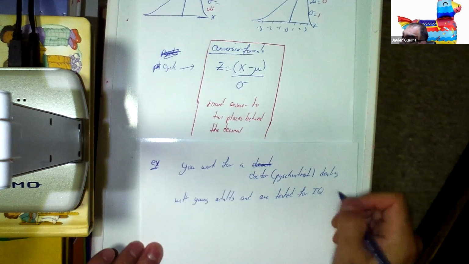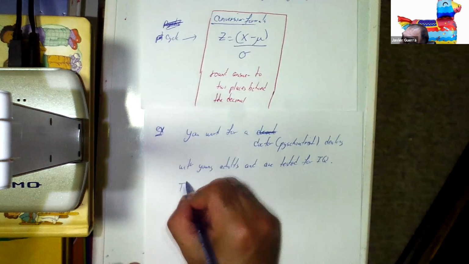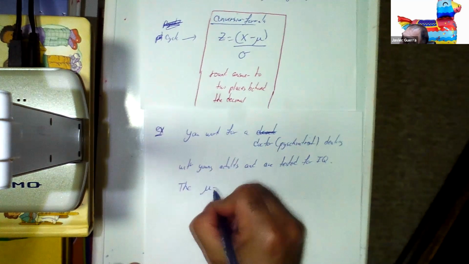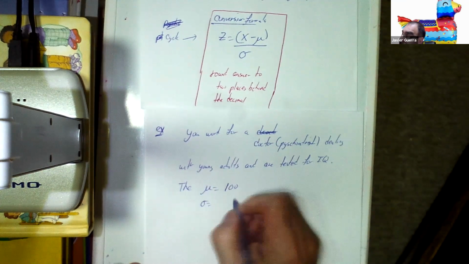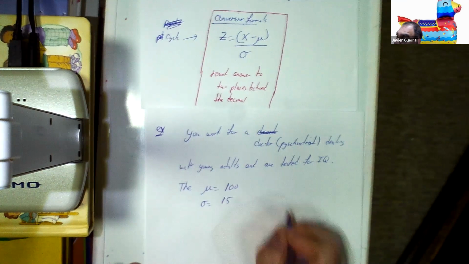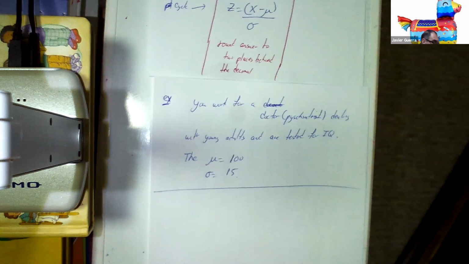Okay. And the mean is 100, and the standard deviation is 15. Right, that's what they give you. Testing IQ.